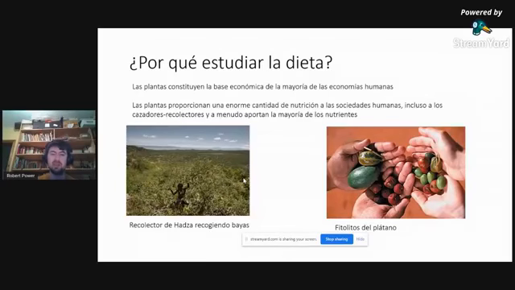But in many situations, particularly in warmer environments, plants are a key component of diet, and very often the main foodstuff, with other resources such as fish and meat coming somewhat after them.